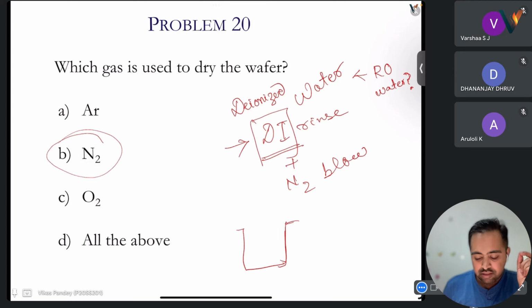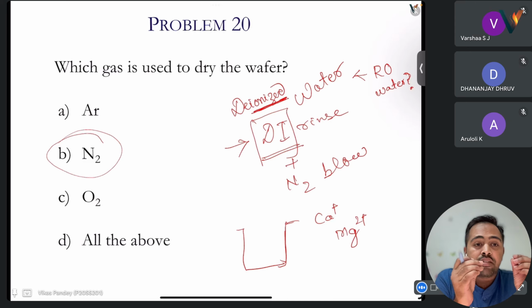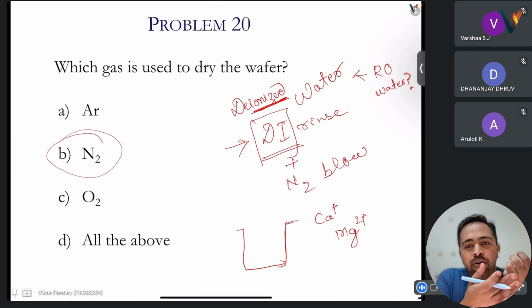some ions. See, when we are talking about deionized, these are ions like calcium, magnesium. These ions can be there. Okay, and these ions are fine for us when drinking and all.